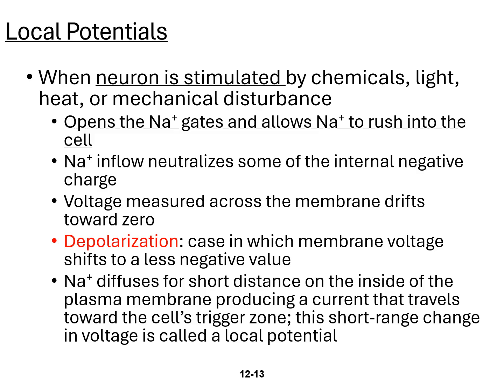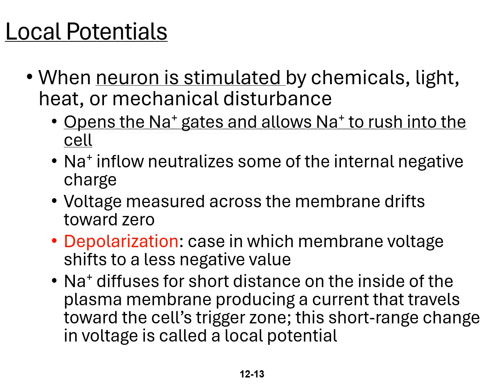Voltage across the membrane drifts towards 0, because remember, it starts at -70, so it's becoming more positive, and -60 is more positive than -70. That's called depolarization. So when membrane voltage shifts up, more towards positive or less negative, depending on how you want to word it, that's called depolarization.